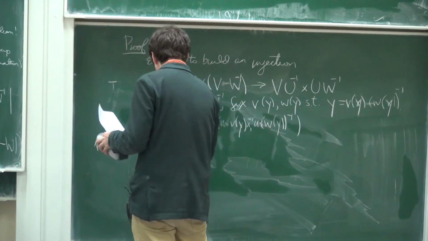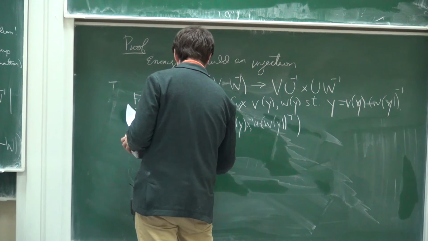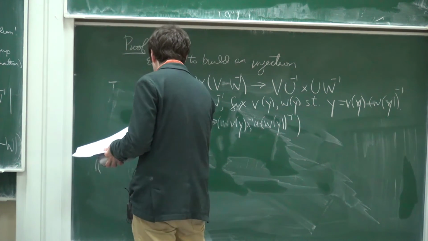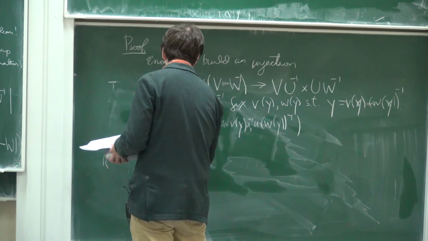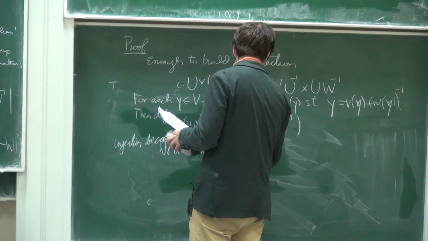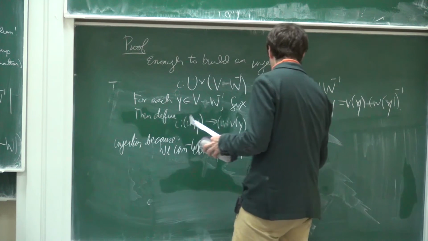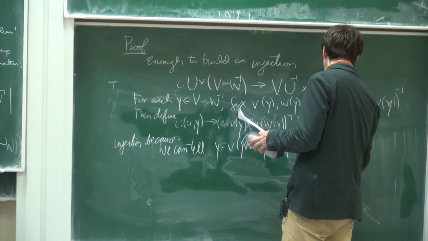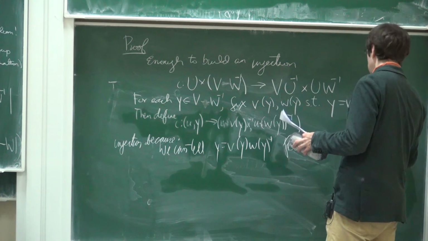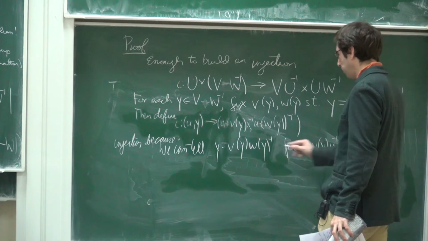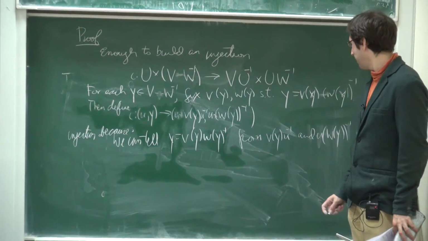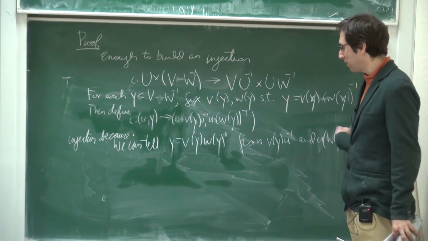It's an injection because it has an inverse. We can tell y, which by definition is v of y w of y inverse, from v of y u inverse and u w of y inverse. Why is that? If somebody gives you this and that, how do you figure out y? Exactly, you multiply them, so you get back this.